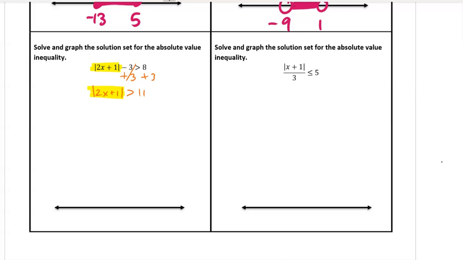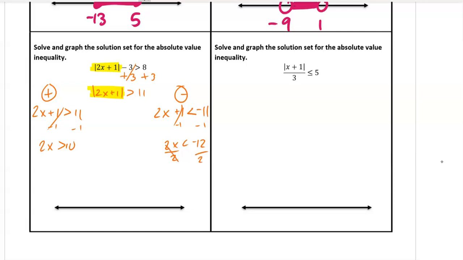The 11 is positive, so we're going to have 2 solutions, positive and negative. And on the negative solution, we flip the sign, and 11 becomes negative. We start solving by subtracting 1. And then dividing by 2.